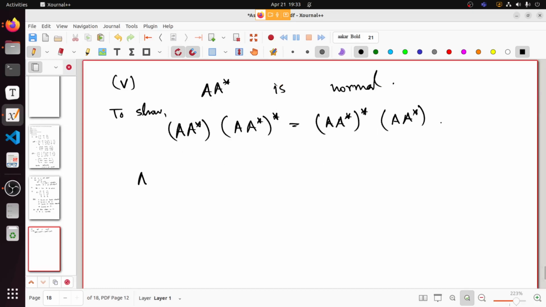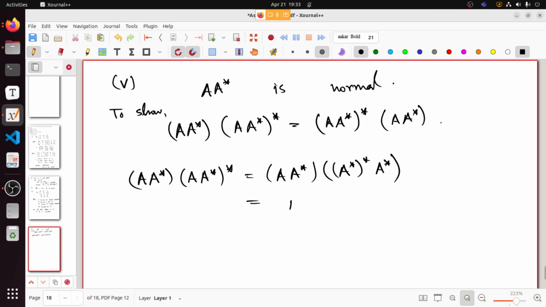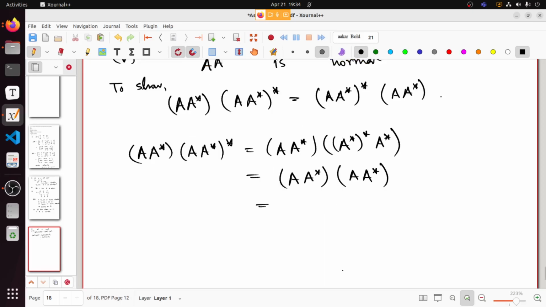So let's check A star whole star. If you do the adjoint, A star whole star is A again, and this is A star. So this will be A star, and you can write this as A star whole star and A star.